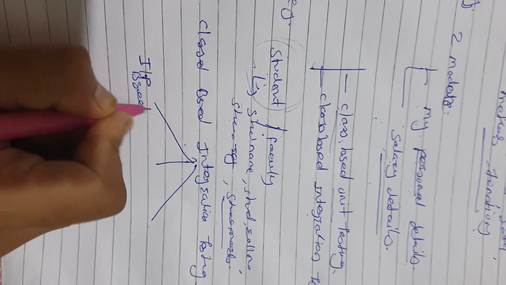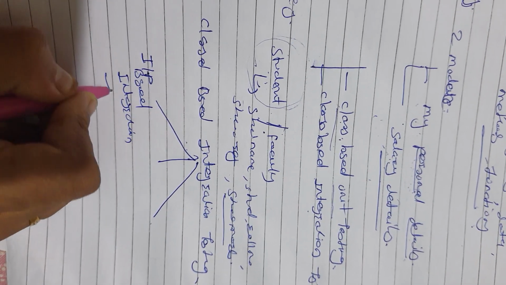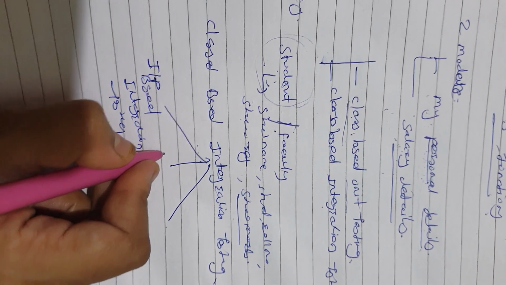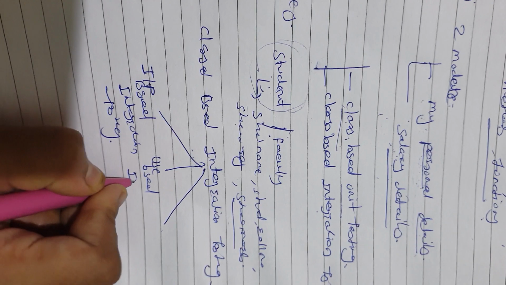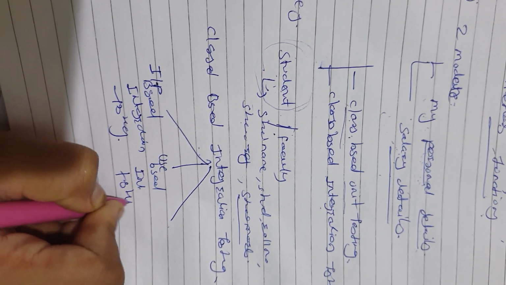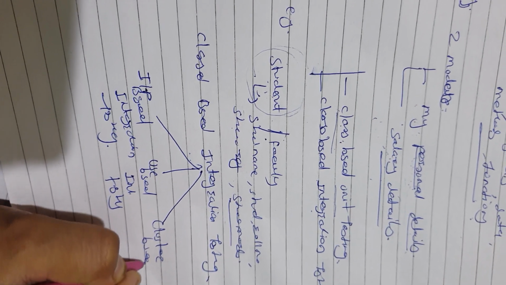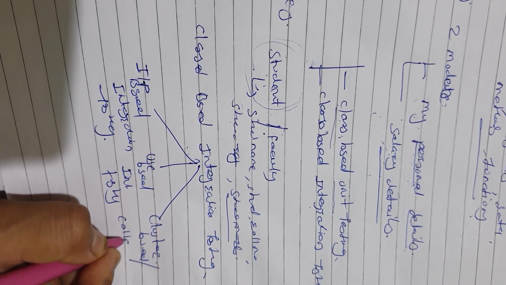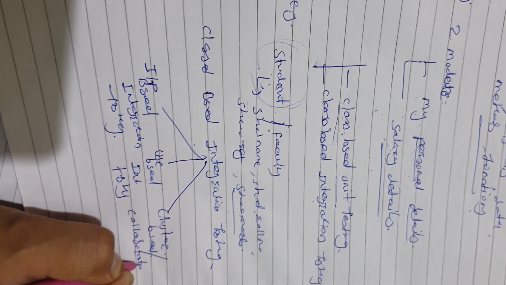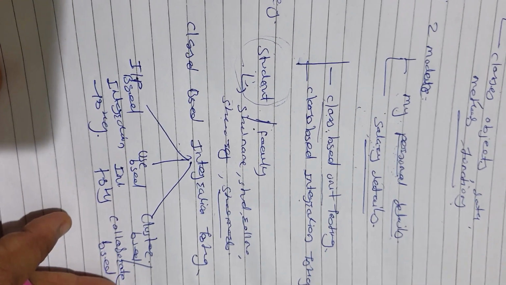First one is input based integration testing. Second one is use based integration testing, and third one is cluster based. Cluster based is also called collaborate based. Collaborate means grouping together, and cluster is nothing but grouping.